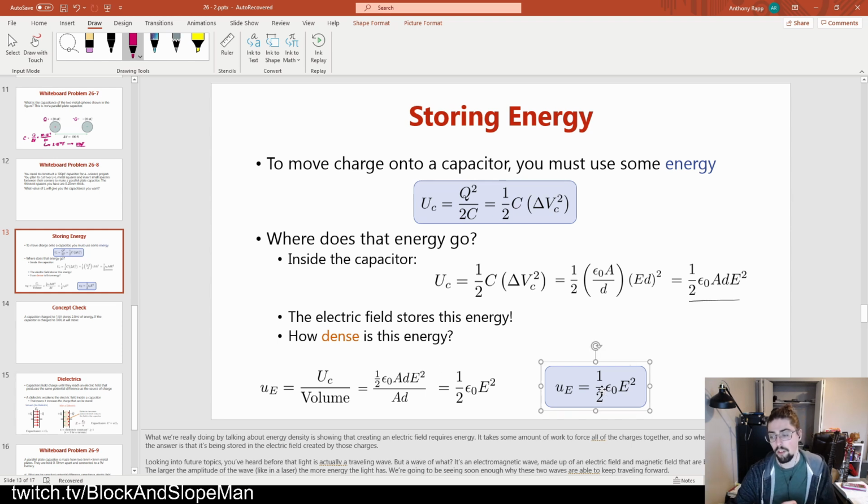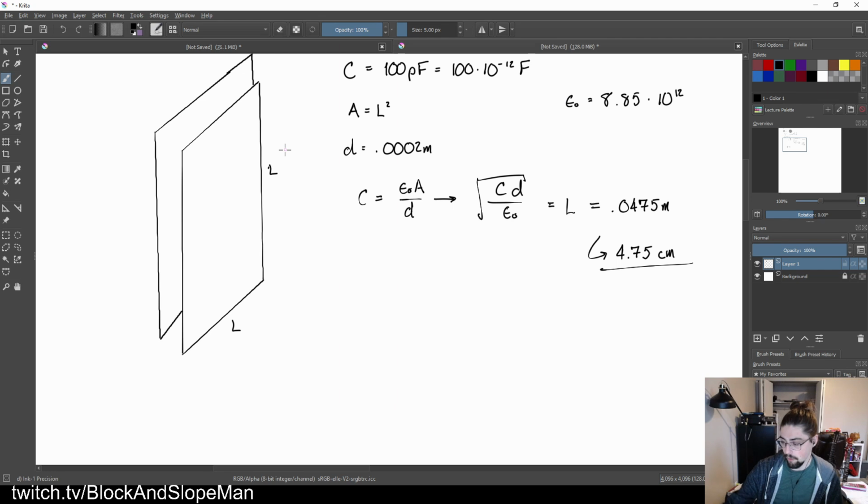All of this is essentially getting us down to this equation down here. We can go through these transformations, plugging in some of these other variables, but what we're trying to say is that there's this thing called energy density, which is the energy inside of a capacitor divided by the volume of the capacitor. So when I'm talking about the volume of the capacitor, I'm talking about this space in between my two plates.